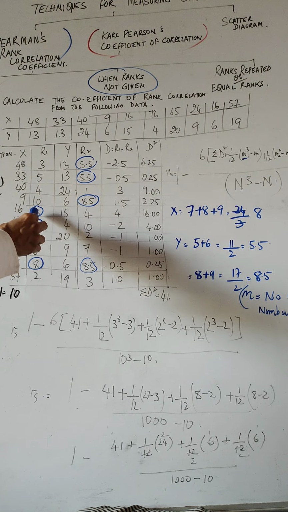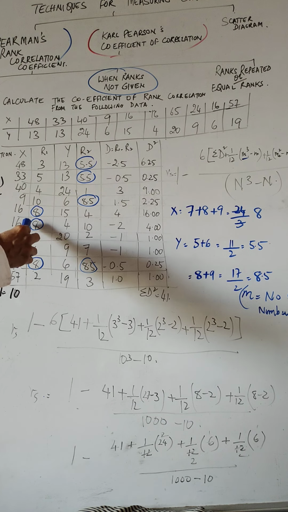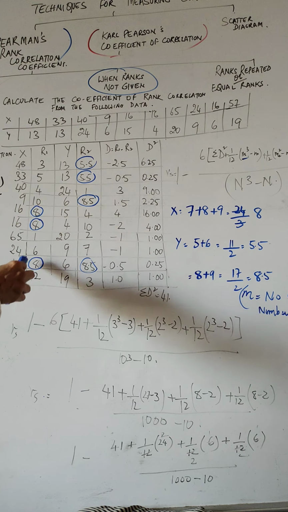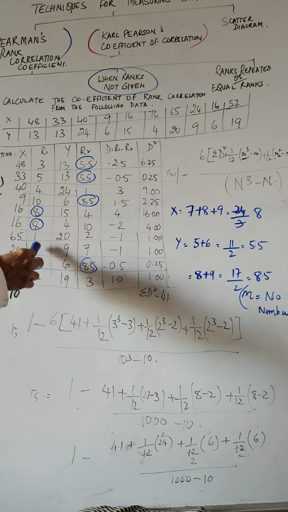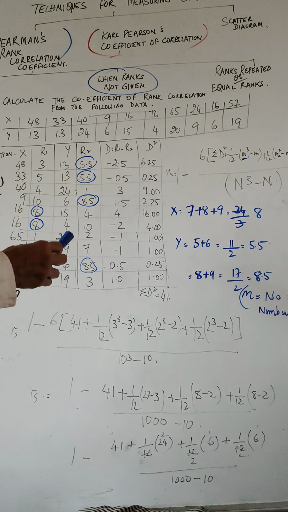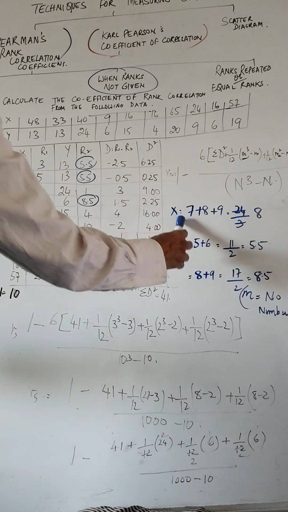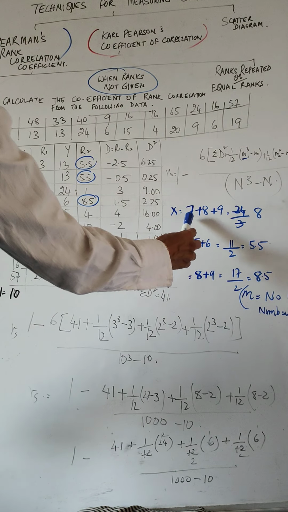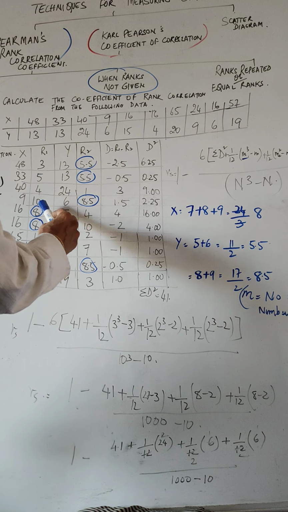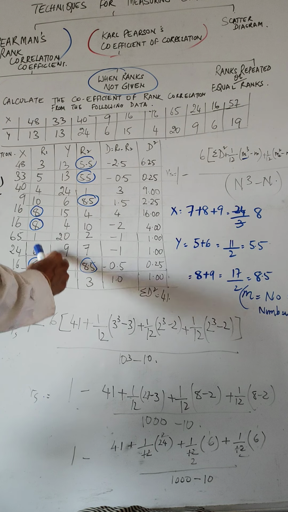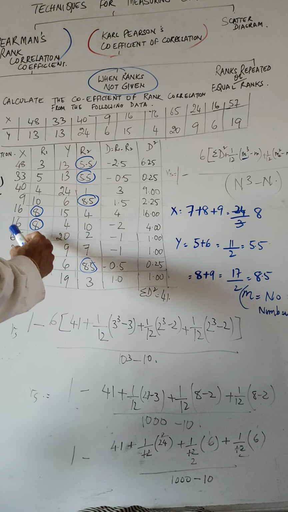Now, the 7th number is 16, but we find another 16 as 8th, and also a 9th 16. Can you see the board? Yes. So in the X series, otherwise the 7th, 8th and 9th ranks would be 16, 16 and 16.